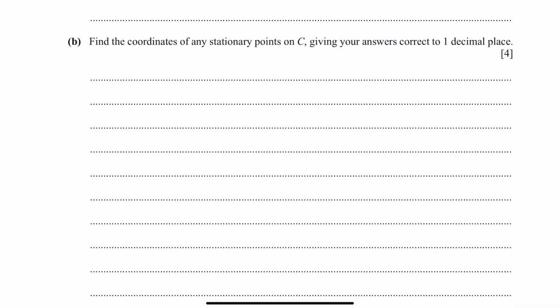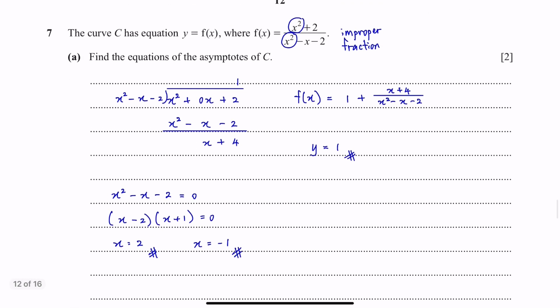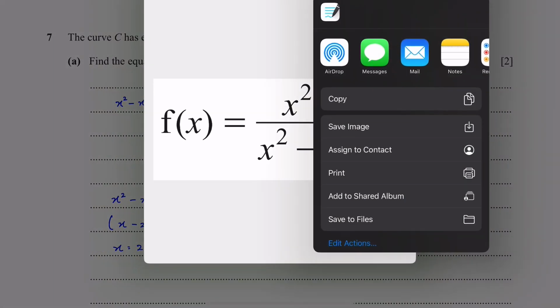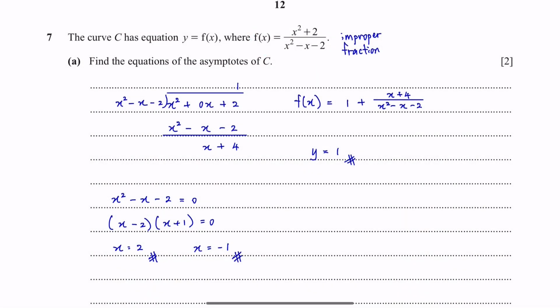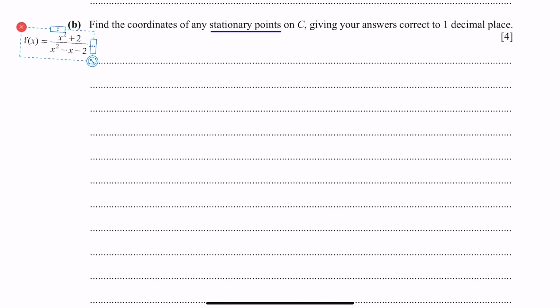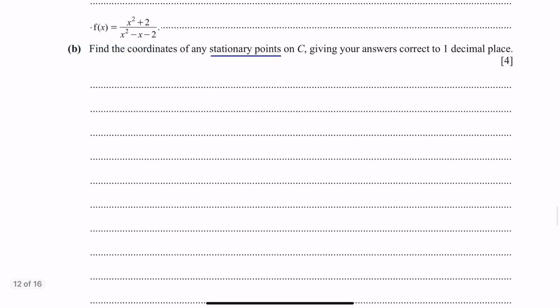For part B, we need to find the stationary points on C. Let me just copy the equation so that we don't have to scroll up to refer. Okay, so we need to differentiate it to get the coordinates of stationary points.